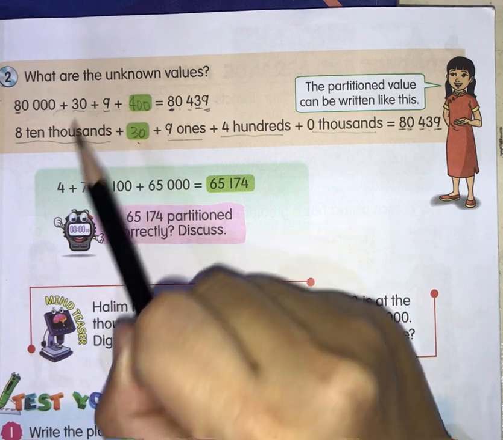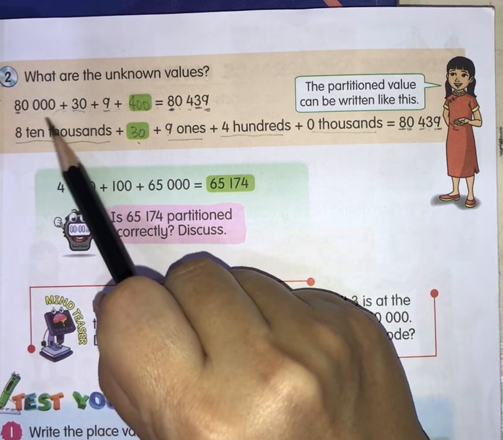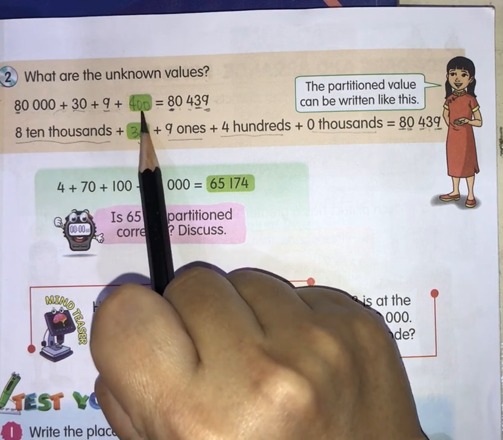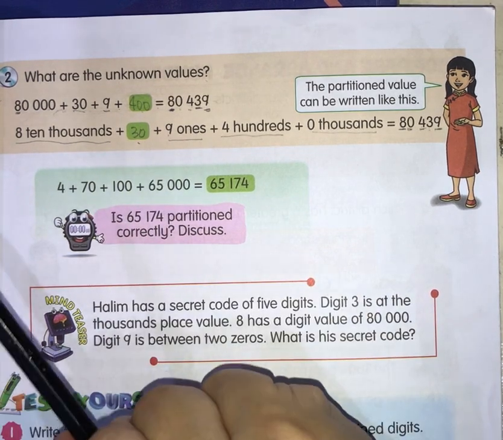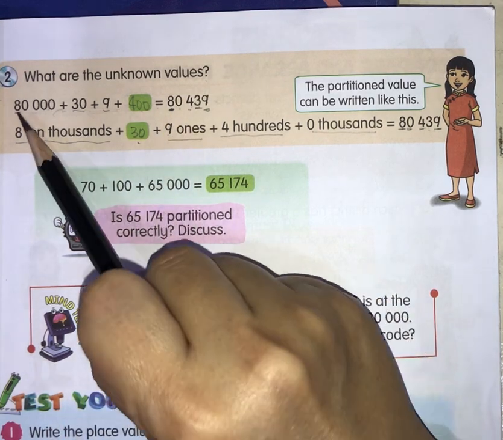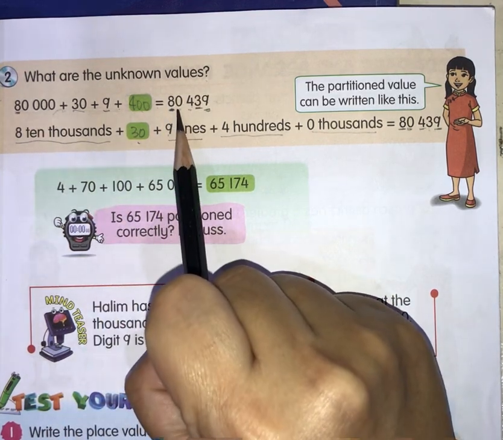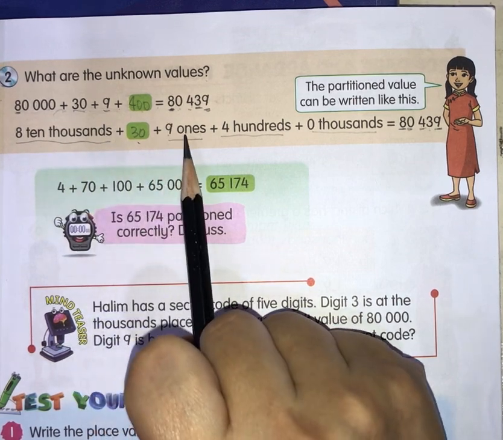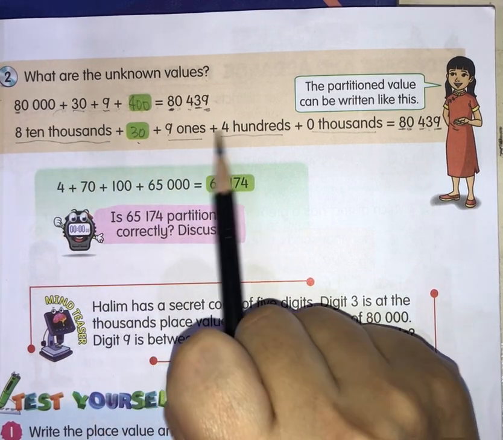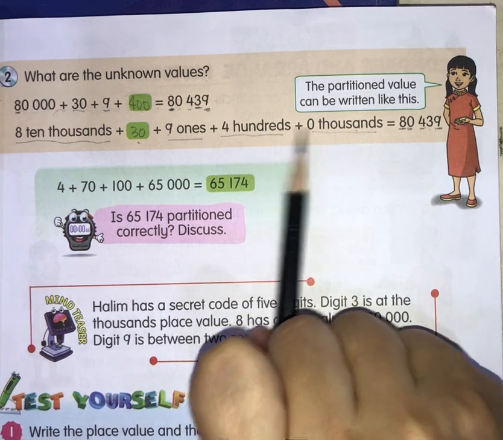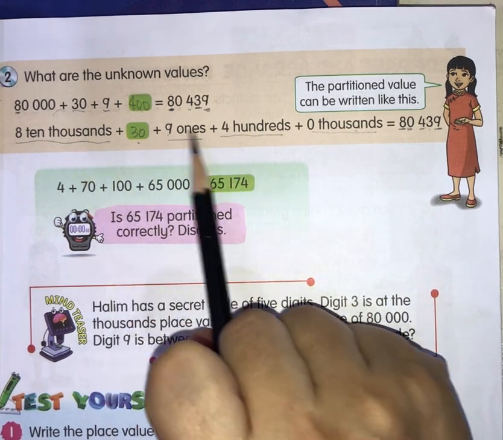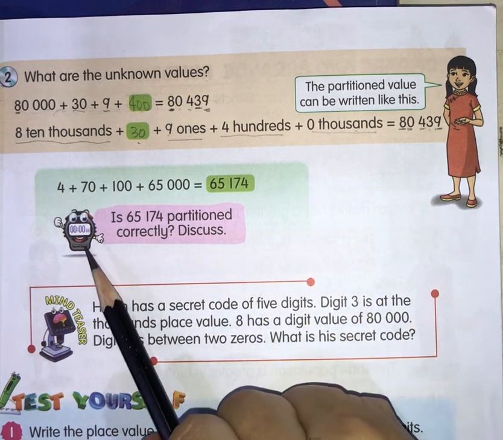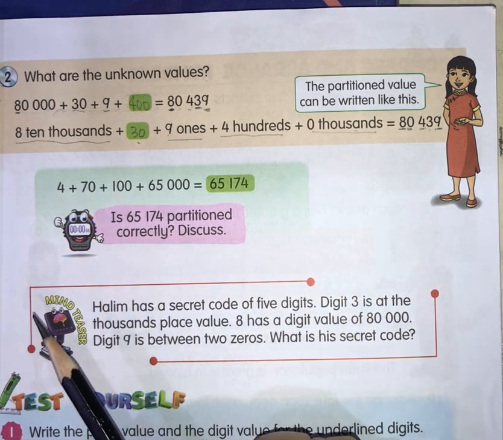So if the question didn't arrange the number from the biggest to the smallest, don't worry. You can check one by one. The same thing happened to this partition based on place value. They didn't arrange from the biggest to the smallest. So now we have one question here to discuss.